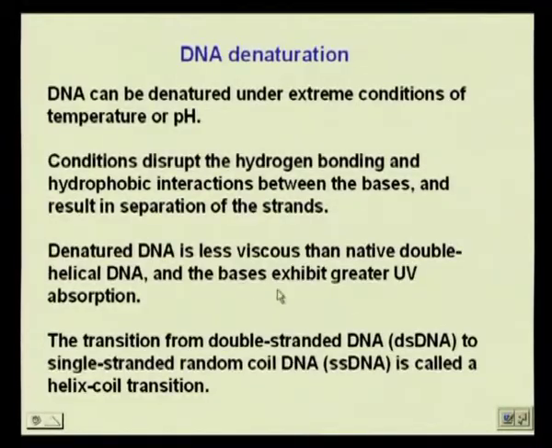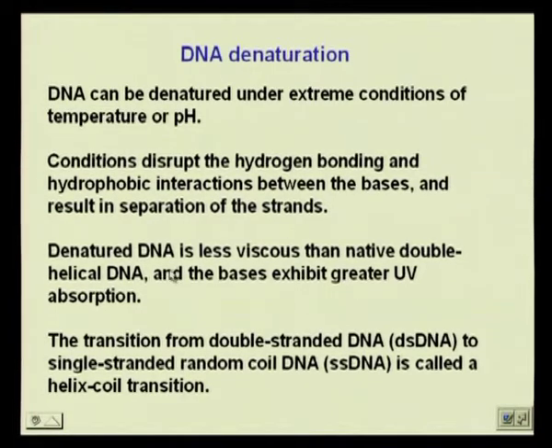So, if the bases are always involved in an interaction within themselves, you cannot see as much, but as soon as you open up the strands, what is going to happen? You will have greater UV absorption. So, we have the bases exhibit greater UV absorption and the DNA is less viscous, and this transition from double stranded DNA to single stranded DNA is very commonly called a helix coil transition, okay, because you are going from the helix to the coil.